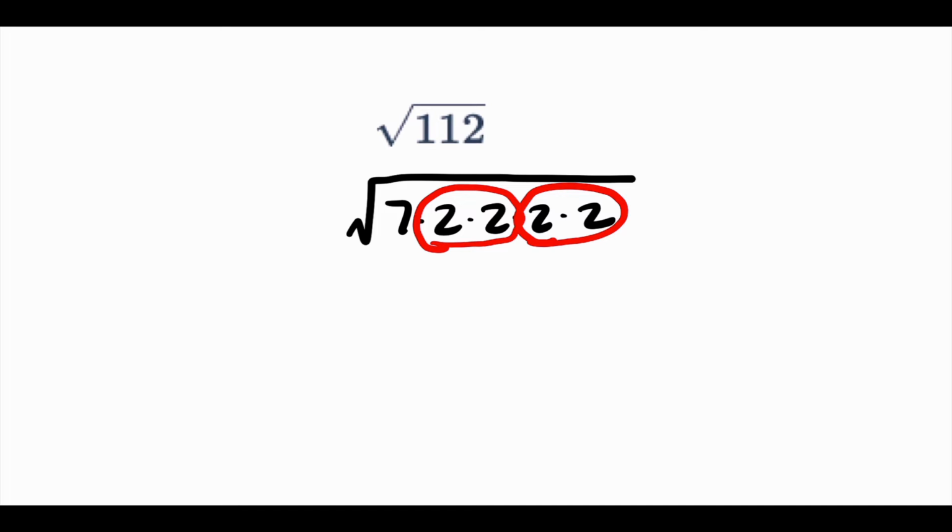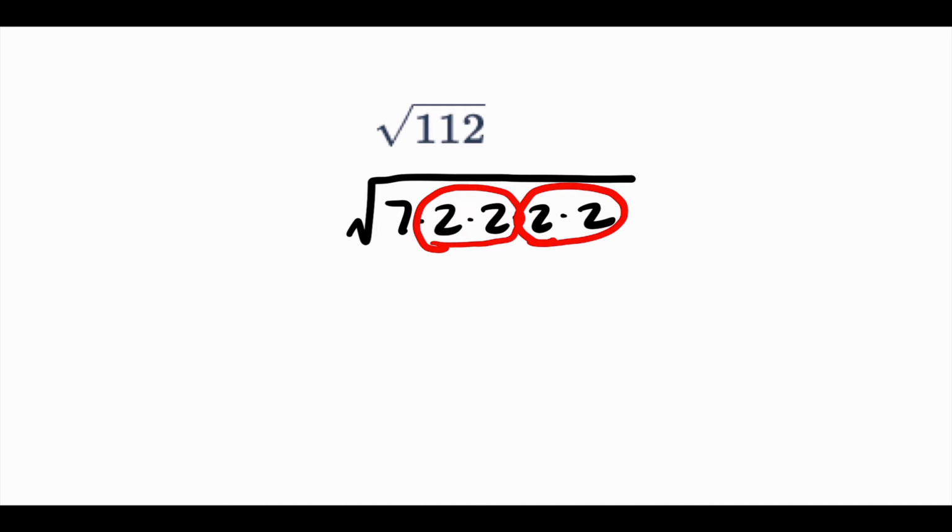Okay? Which leads me to my next step. My next step says I can take out one representative for each circle. Each circled pair, I can take out one representative in front. So if it's a square root, we circle pairs. If that number right here was 4, we would look for 4 of a kind. Okay.